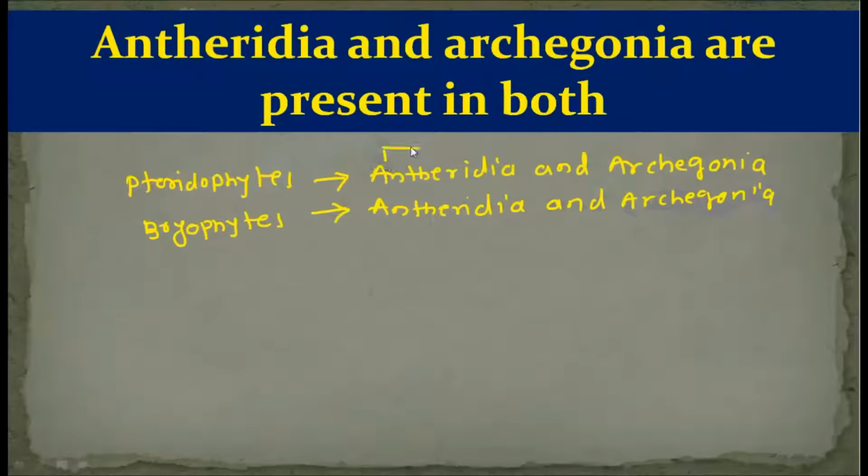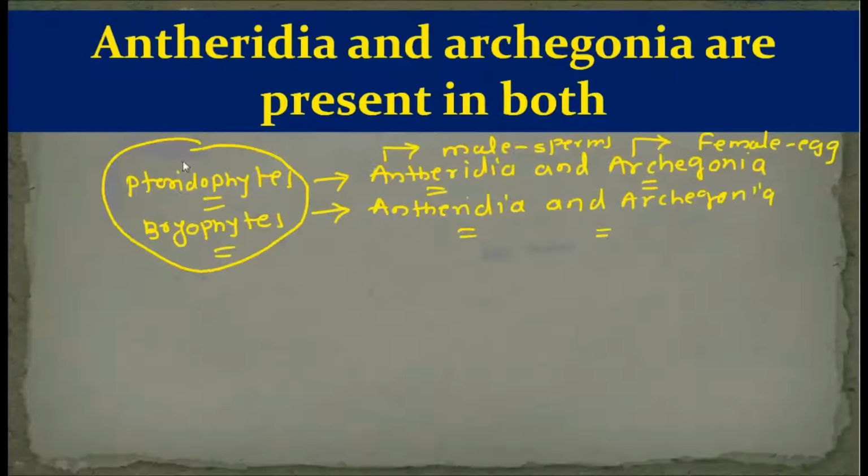Now, the antheridia structure is related with the male, while the archegonia structure is typically related with the female, or say egg, and male, say sperms. In pteridophytes and bryophytes, both show the presence of antheridia and archegonia as male and female sexual organs. That is, the male and female sexual organs in both are similar. So this is the second very important point, that both share similar sexual organs.